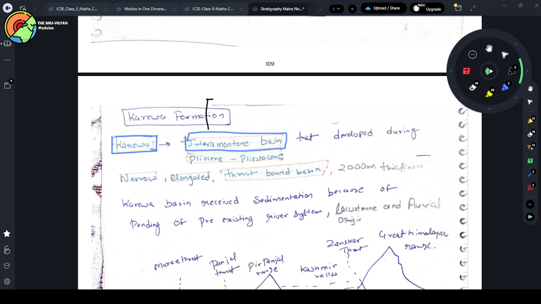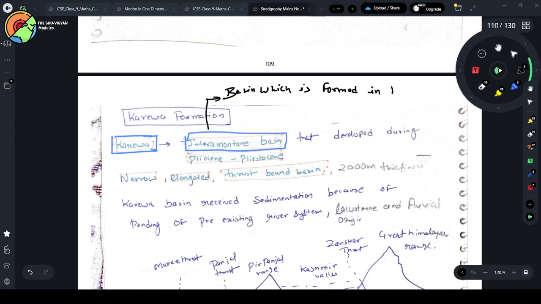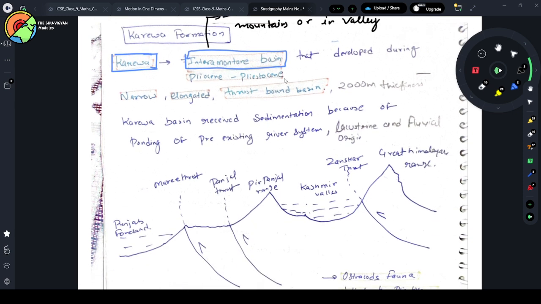So I will write it here: basin which is formed in between the mountains or in valley. This represents our intramontane basin, and it developed during Plio-Pleistocene time.